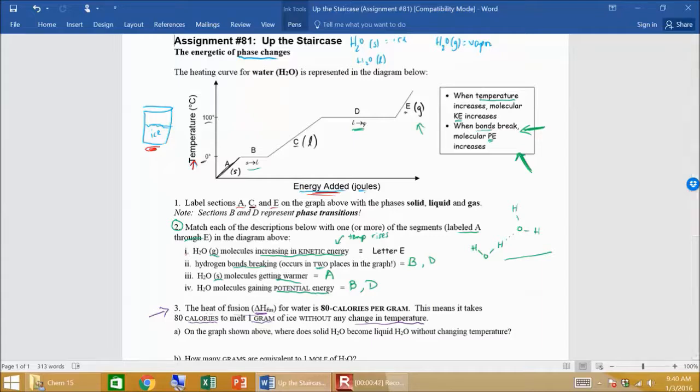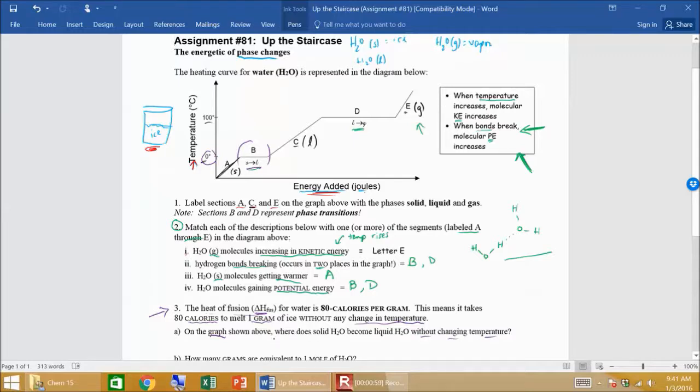But if you look at our graph here, where does solid become liquid without changing temperature? That's this part B here, right? Here the temperature is 0 degrees Celsius, and we're going from solid to liquid.